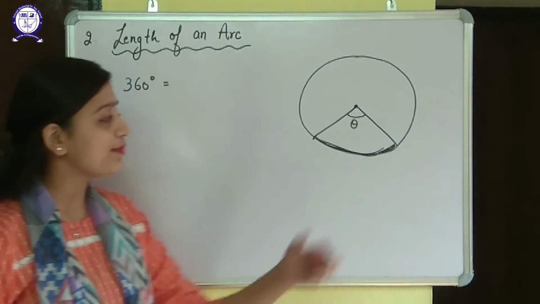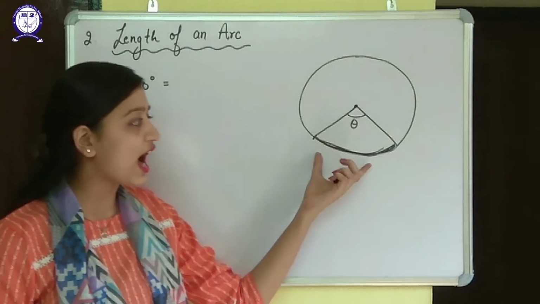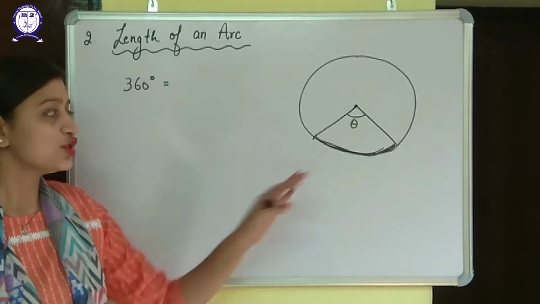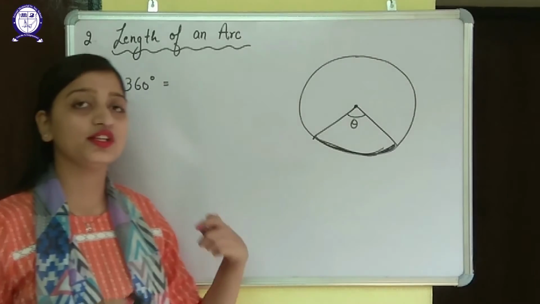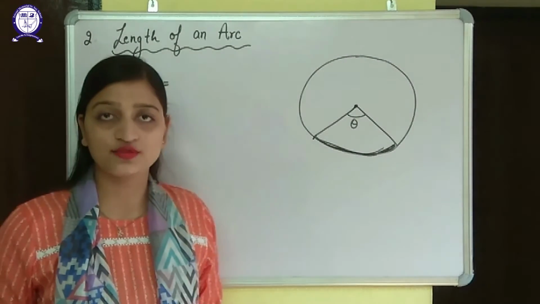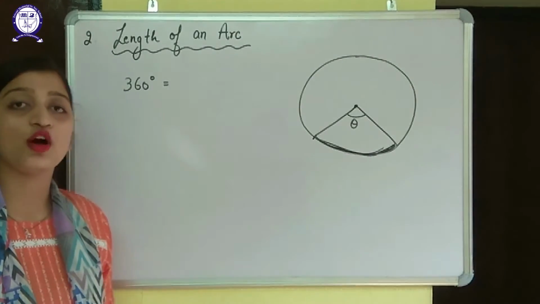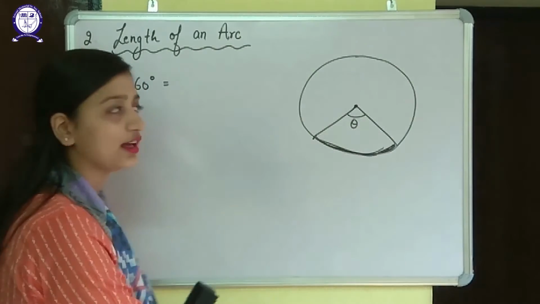This arc is the part of the circumference, right? I have told you earlier that the arc is taken on the boundary. So arc is the part of the circumference. So in this formula, we will not use area's formula. We will use the formula of the circumference because this is the part of the circumference.